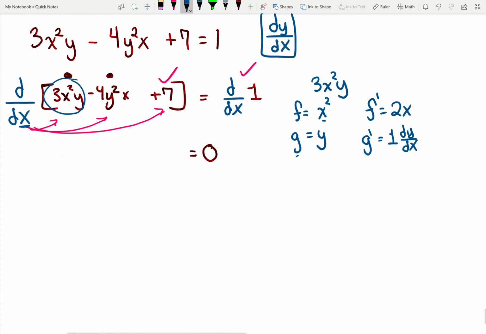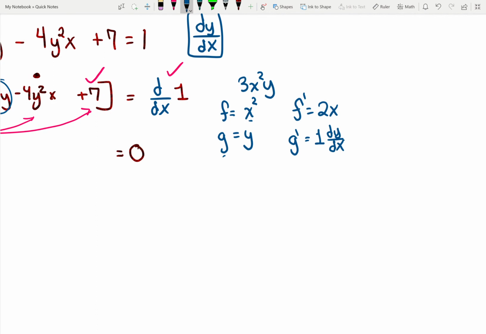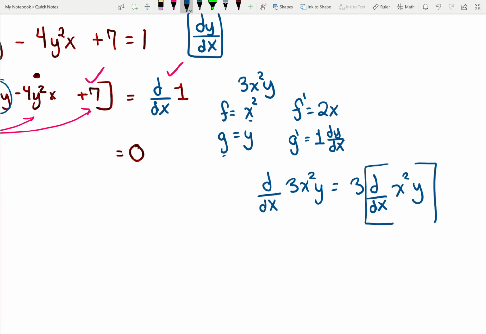Notice how I didn't include the 3 in this, because I can always say d/dx of 3x squared times y, I can always just pull out this 3. You can always pull out a constant when you're doing multiplication. So what we'll have is the product rule here all multiplied by 3.